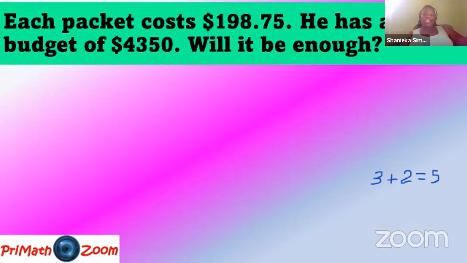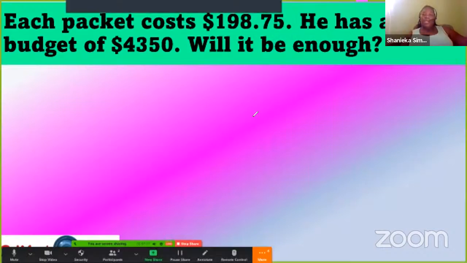All right, so each packet costs $198.75. He has a budget of $4,350. That is talking about Farmer Luke. He has $4,350 to spend, and we want to know if that will be enough.